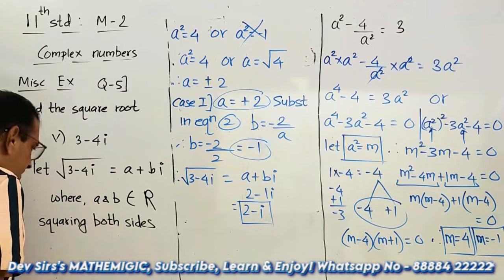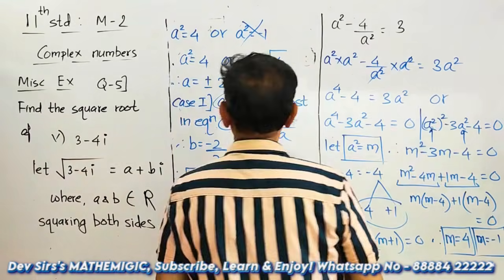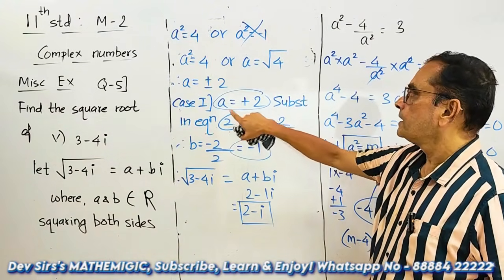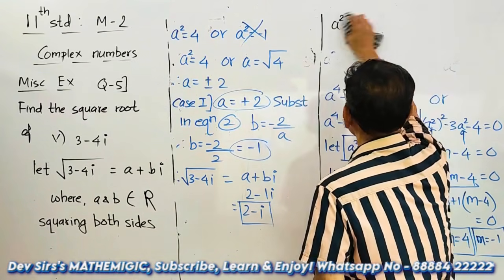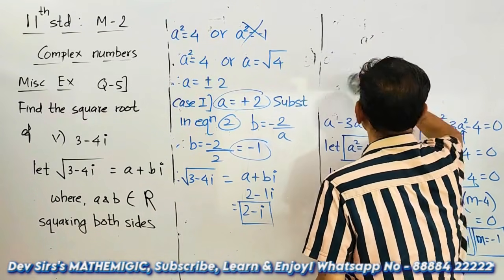Okay, now case 2, a is equal to minus 2. This is the last case, last few steps.